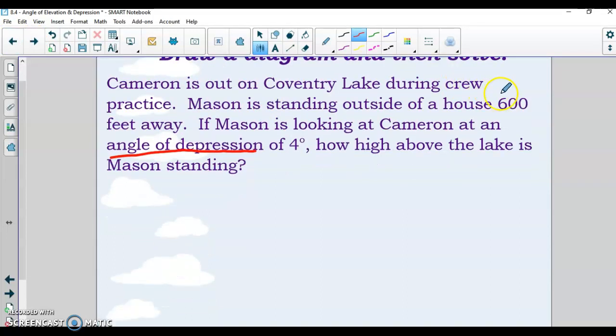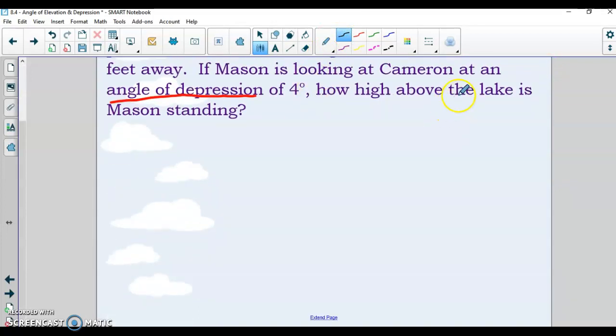So let's start. I'm going to draw both Cameron and Mason. Cameron is on Coventry Lake, so I'm going to have Cameron standing down here. That's Cam. And then Mason's up here, looking down towards Cameron. And there's Mason. You look very similar.